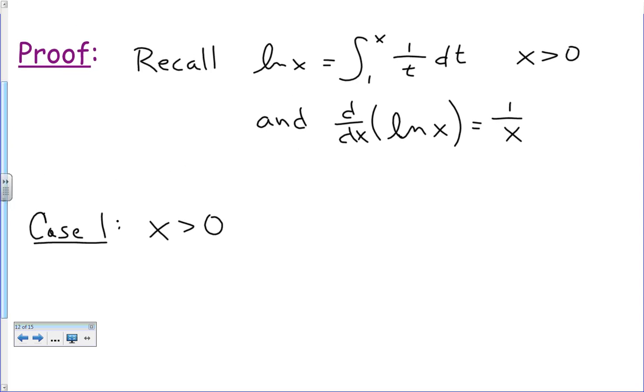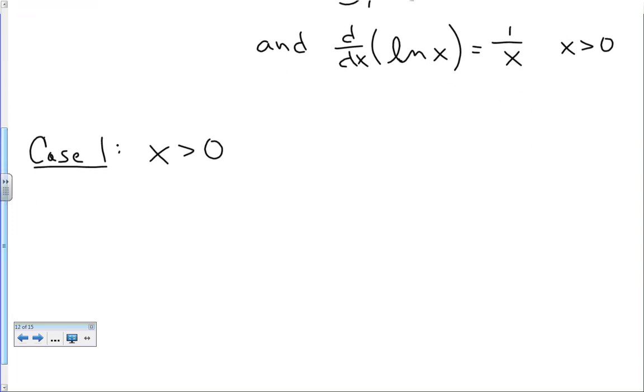In fact, I should add that the derivative of ln of x is equal to 1 over x for x greater than 0, because that's the domain of my original function.